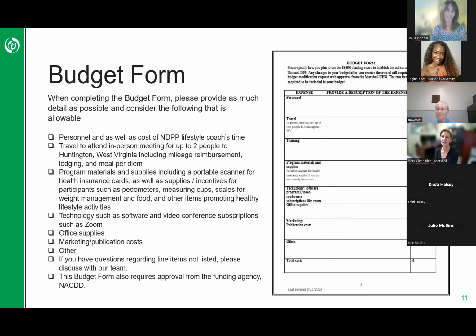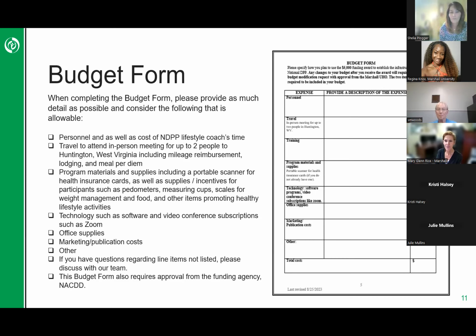Hi, good afternoon, everyone. I'm Mary Glenn Rice. I'm the grants manager within the Division of Community Health for Dr. Deb Keister and this awesome team. I'm just going to go over briefly the budget form that's within the RFP.